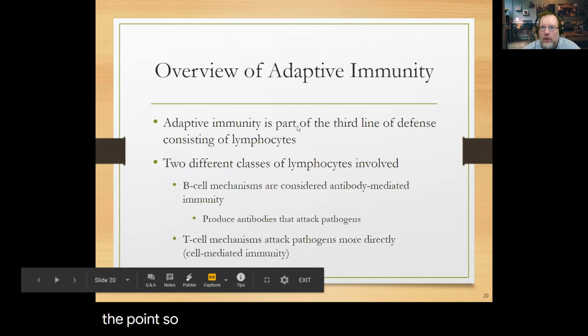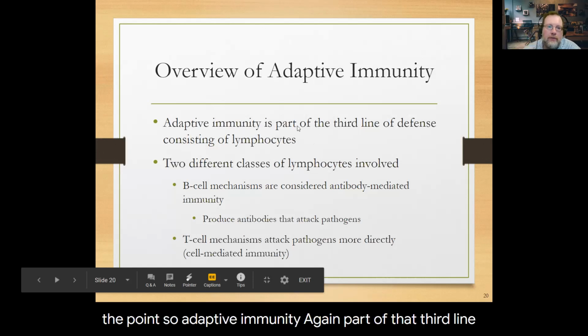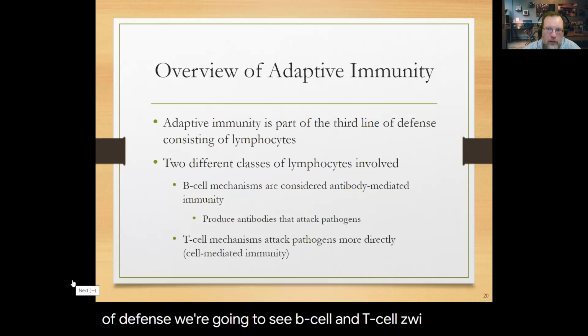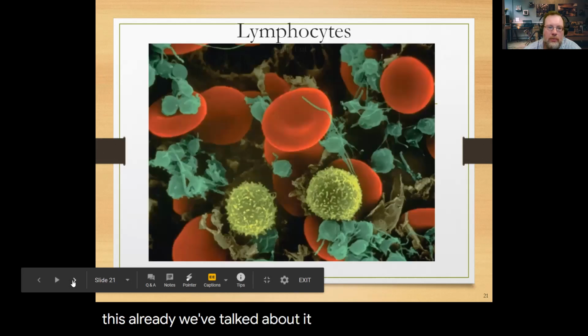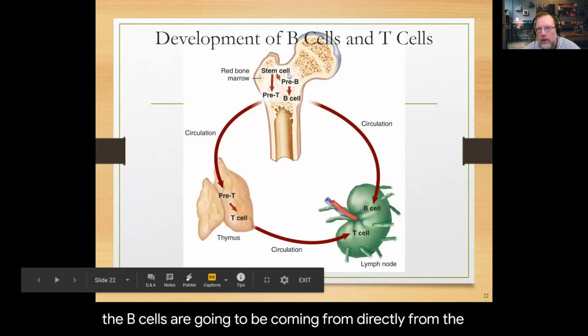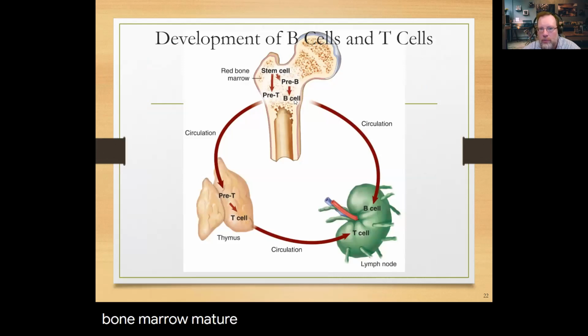So adaptive immunity, again, part of that third line of defense. We're going to see B cells and T cells. We've talked about it a little bit. We know that the B cells come directly from the bone marrow, maturing in the bone marrow and producing antibodies.